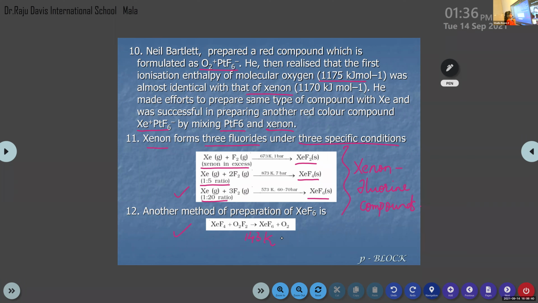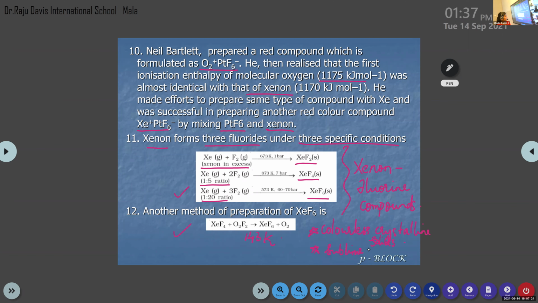Then these three, XeF2, XeF4, XeF6, xenon fluorine compounds, are colorless crystalline solids and sublime readily at 298 Kelvin. What's the meaning of sublime? They can be directly converted from the solid state to vapors.